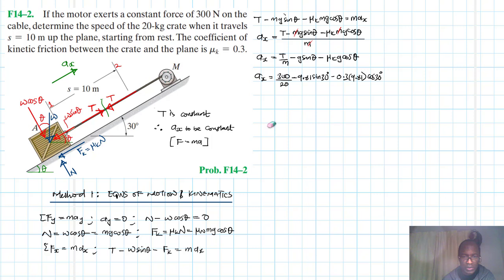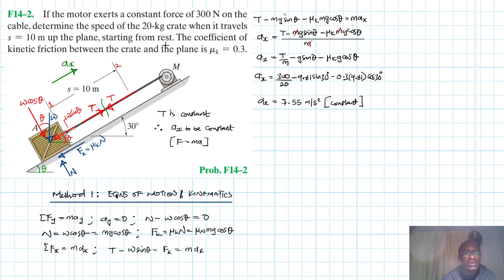So we get a x equal to 7.55 meters per second squared, and this we said is constant.